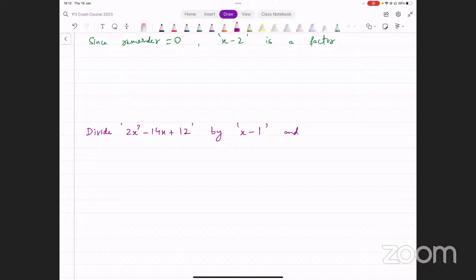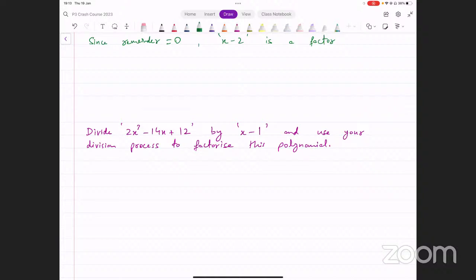And use your division process to factorize this polynomial. Which polynomial?